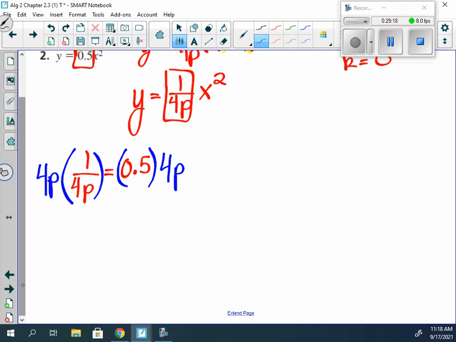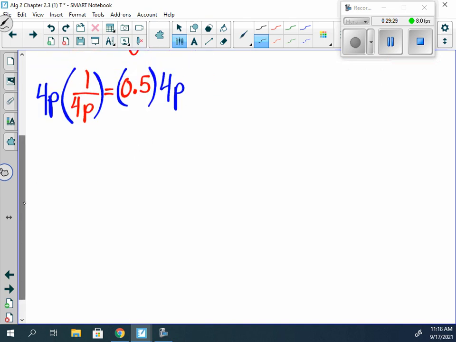So what would this be? How would we multiply those two together? Because it would go on top, wouldn't it? So it would be 4p times 1, which is 4p over 4p. What's the other side? What's 0.5 times 4? 0.5 times 4 is 2p.